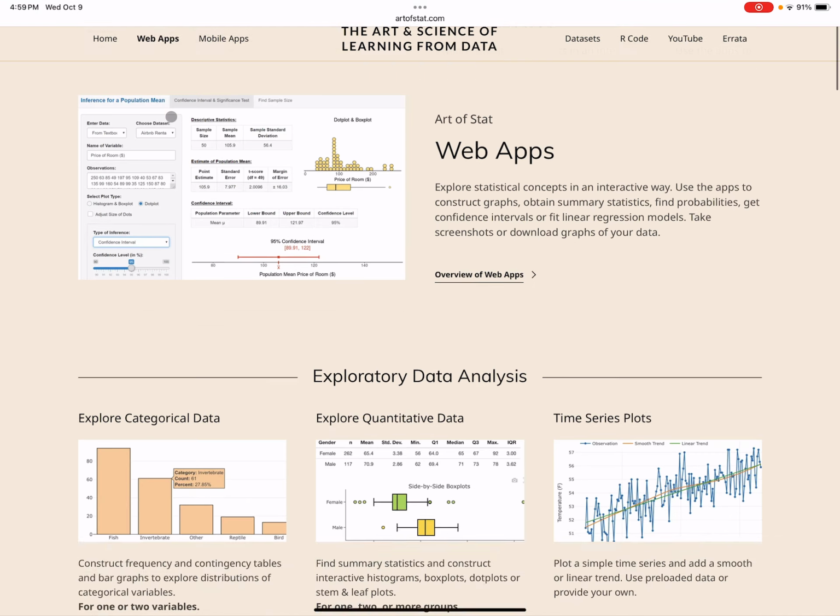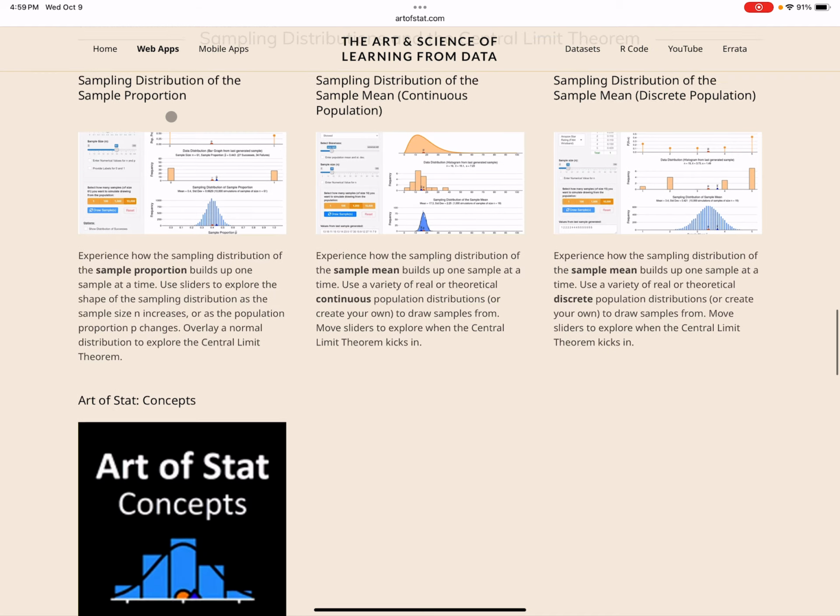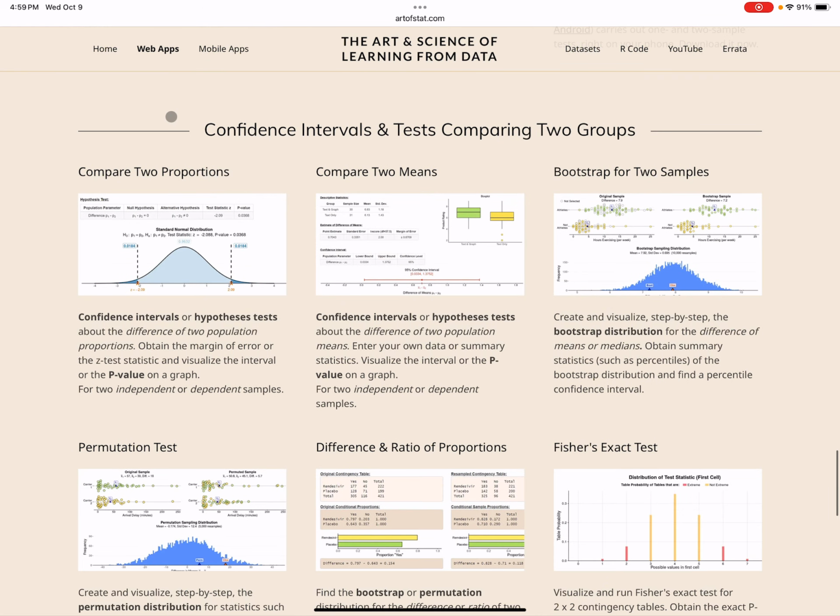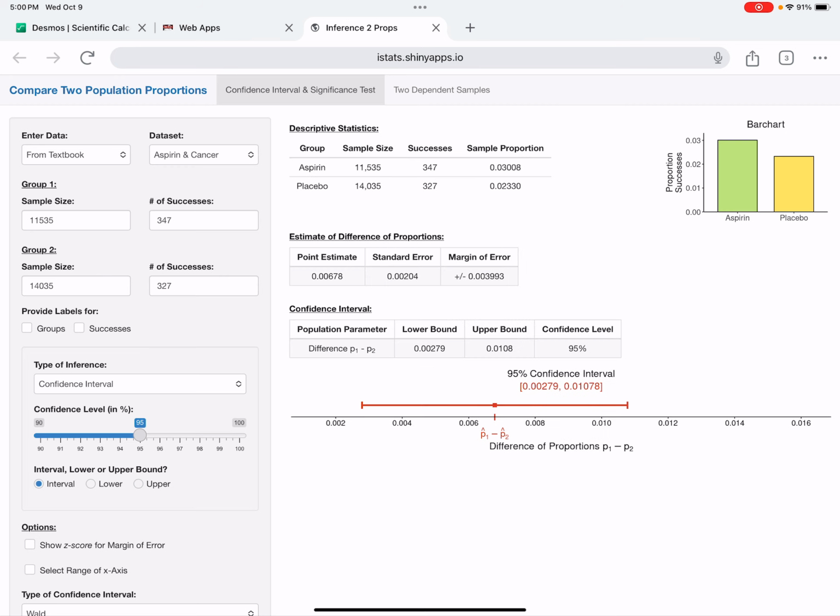then you can scroll down until you find, here it says, confidence intervals and tests comparing two groups. This is exactly what we want. In our case, we're trying to compare two proportions. So I'm going to click on this tool right here. You could always just follow that link directly also. They have, as always, examples from the textbook that they're using.